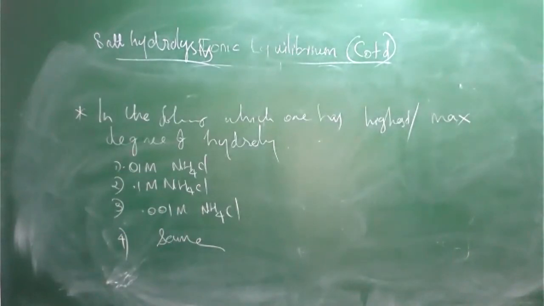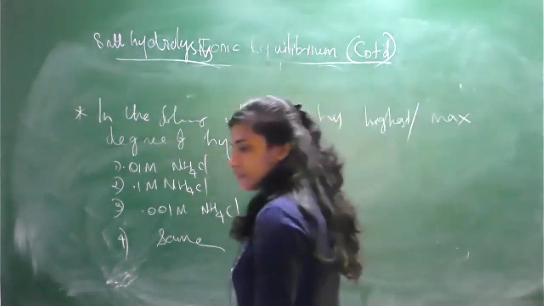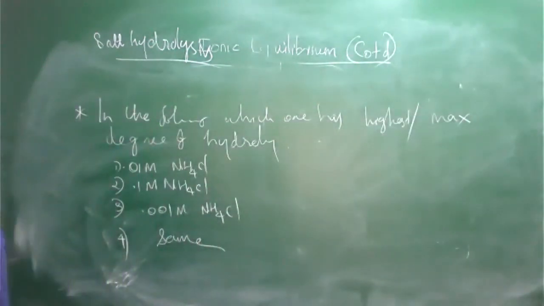You are telling second option. Reason also you want to tell. Students, tell me which option is right. 1, 2, 3, 4. Out of 4, which one is the correct answer? Which one has the highest or maximum degree of hydrolysis?